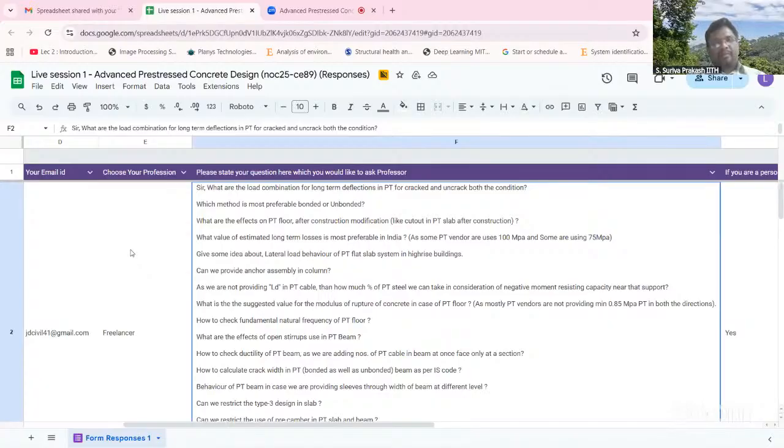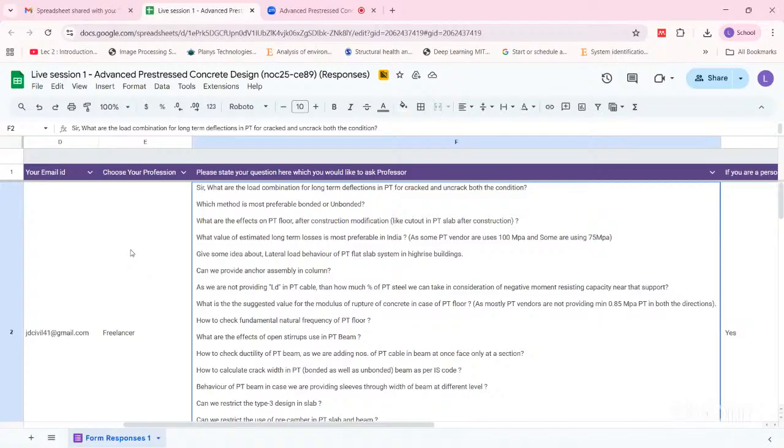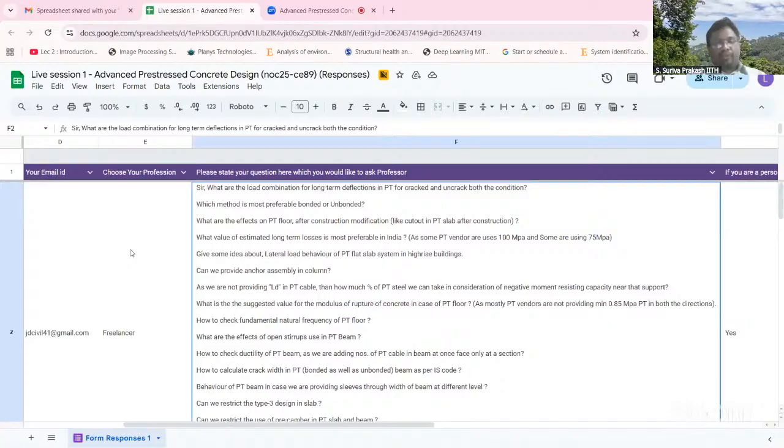In such a case, the pre-compression force is generated only in the beams, not at the dead end column. In such a case, we have to provide detailing as per a non-PT element, or some little bit. Correct.